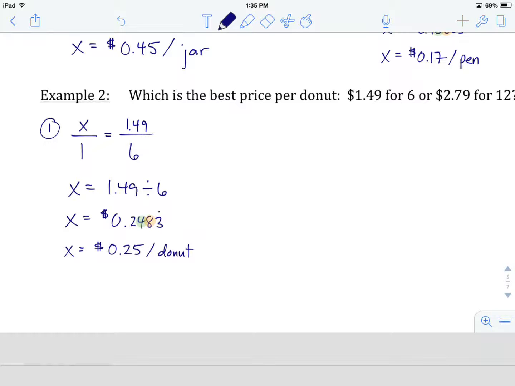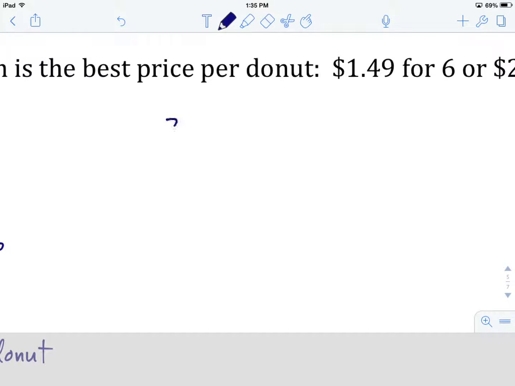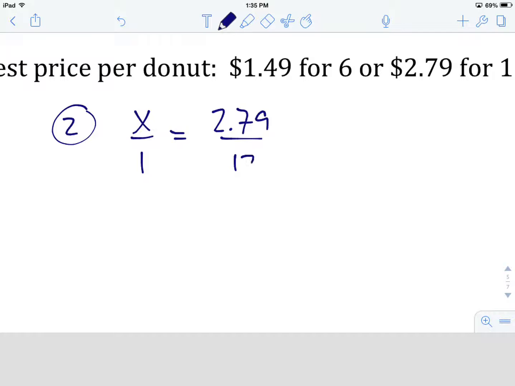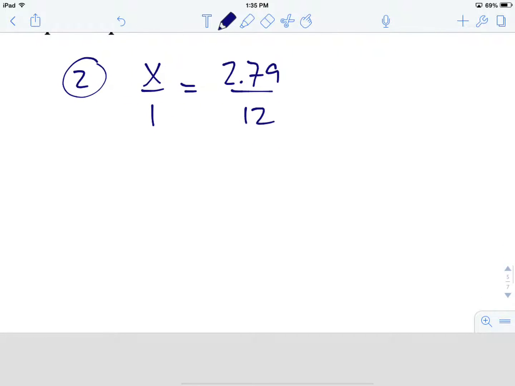Okay, you're back. Let's try scenario number 2. Again, we're going to set up that ratio. Unit price over 1 equals total cost, which is $2.79, over total number of items, which is 12 donuts. Here we do the arithmetic. $2.79 divided by 12. Let's type that into our calculator and see what we get.